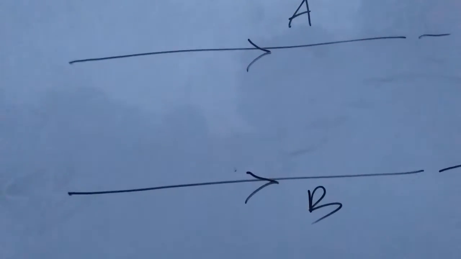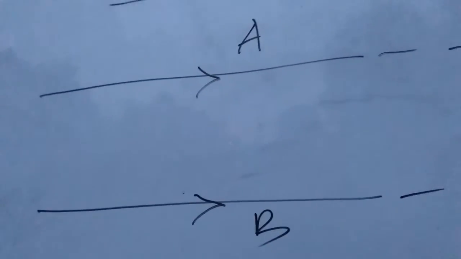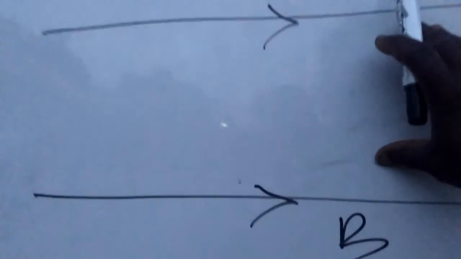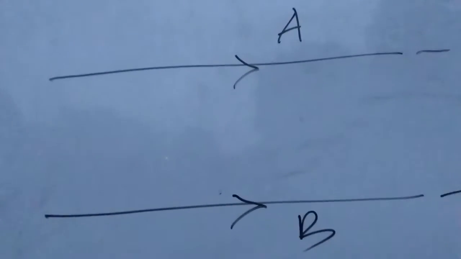That is line A and line B. So in this case, we say line A is parallel to line B. Why they are parallel is because they are two opposite lines, directly opposite to each other.